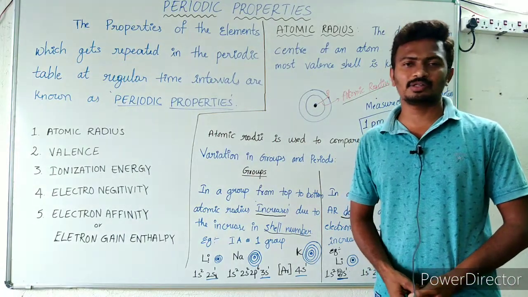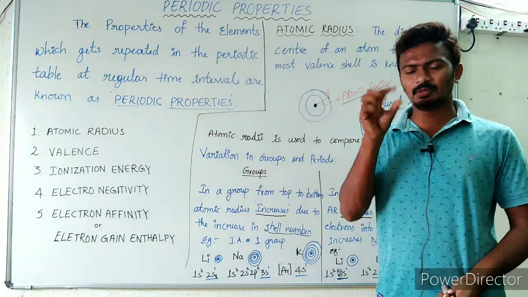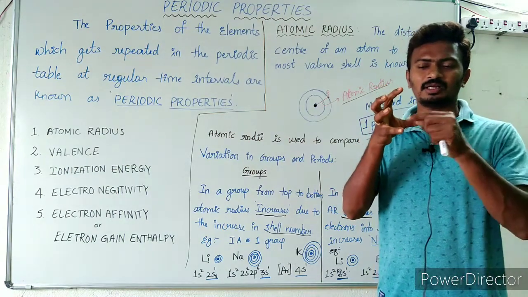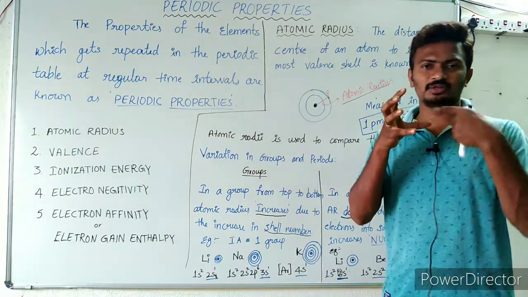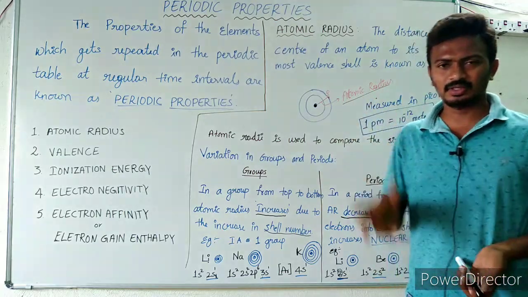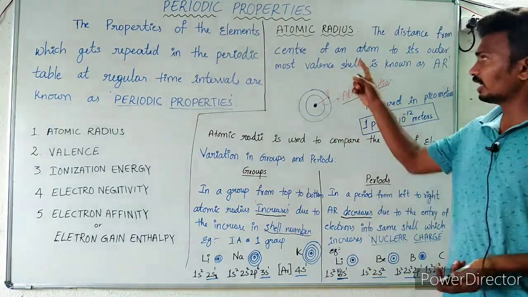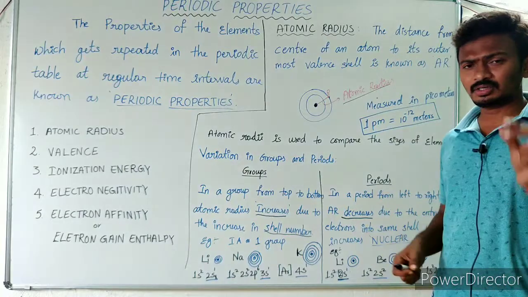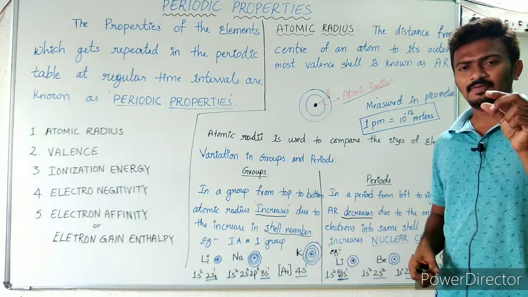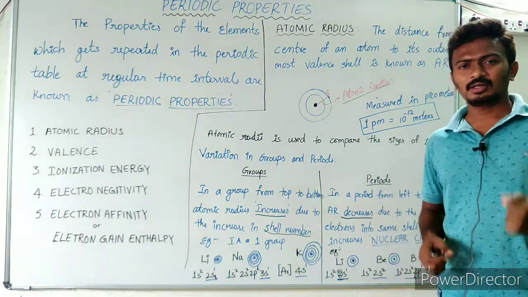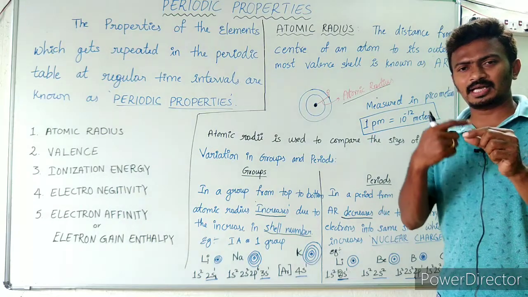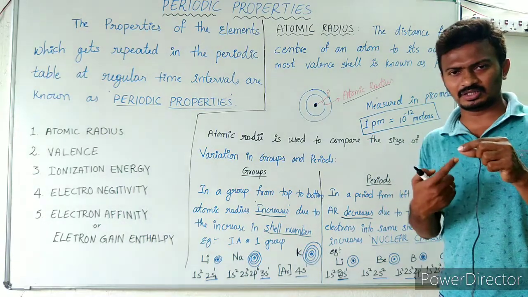What is atomic radius? You all know the radius is the distance from the center of a circle to its edge. In the same manner, in an atom, you all know that the nucleus will be there with neutrons and protons in it, and that nucleus will be surrounded by electrons in a particular number of shells.